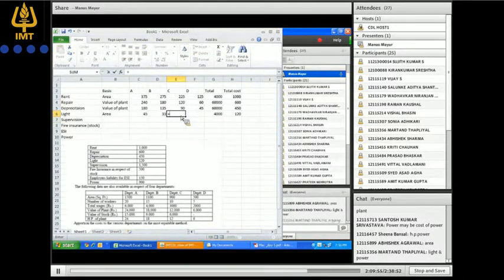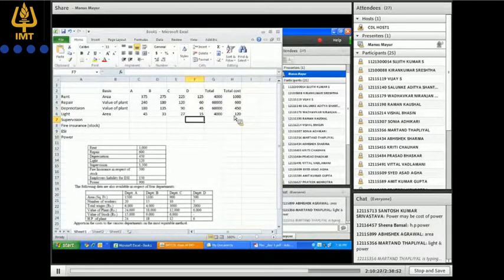For C, it will be 900 divided by the total area multiplied by the total cost, and for D, it is 500 divided by the total. So this is how you can distribute the lighting cost. The next is supervision. So supervision, what should be the most logical method here, value basis here?